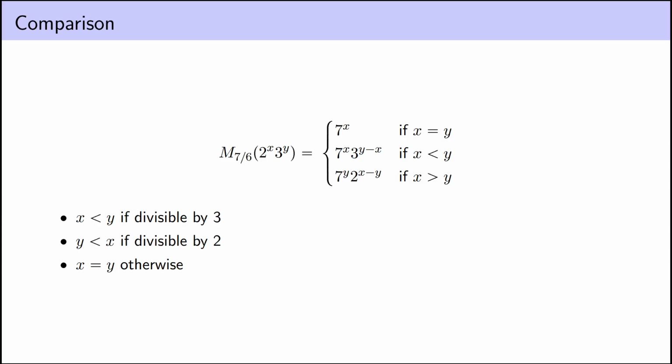If this number we get is divisible by 3, we fall into the second case, so x is less than y. If this number is divisible by 2, we fall into the third case, so x is greater than y. And otherwise, x is equal to y. So this is great. We finally have predicates to determine if two values are equal or satisfy various inequalities.